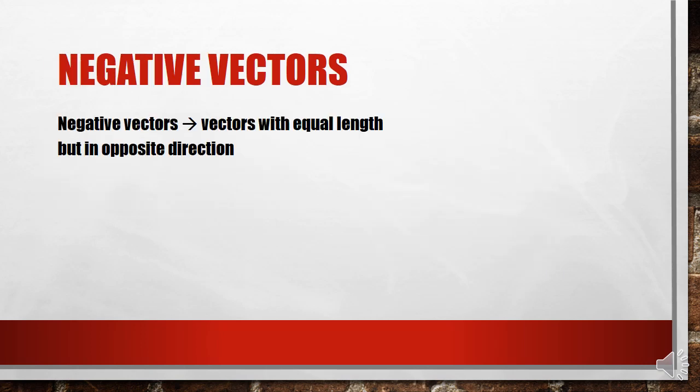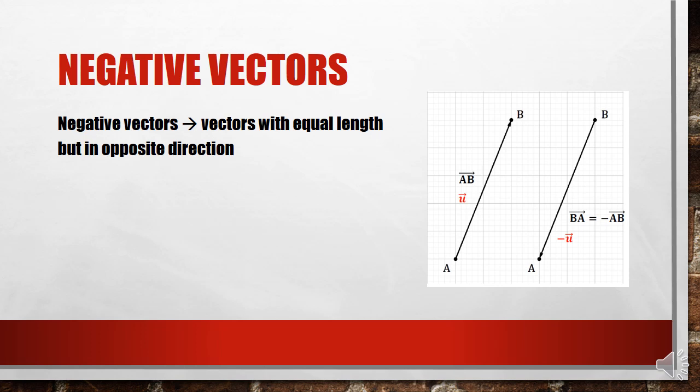Negative vectors. Negative vectors are vectors with equal length but in opposite direction, like this one. So vector BA is equal to negative AB.